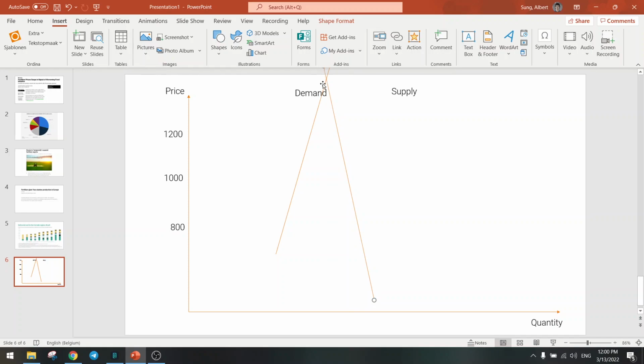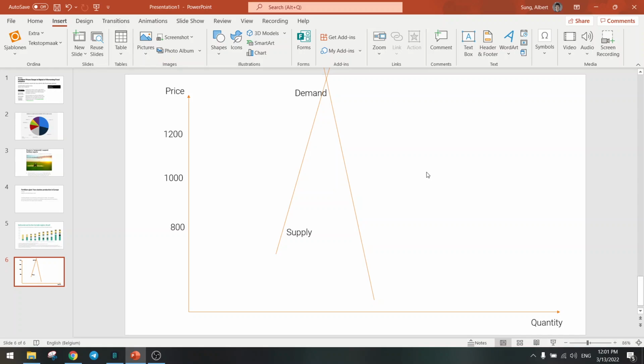And eventually you get massive price increases, 1,000, 1,200, 1,500, 2,000. So this supply curve is just going to go through the roof here. And that's eventually the outcome.